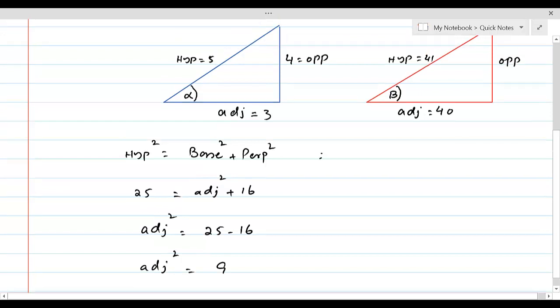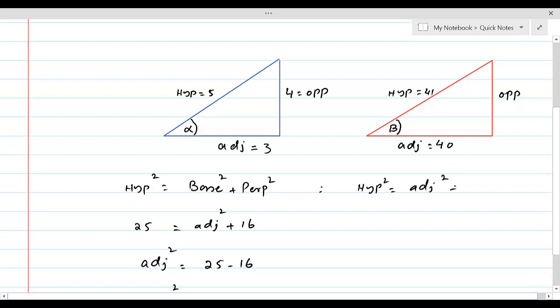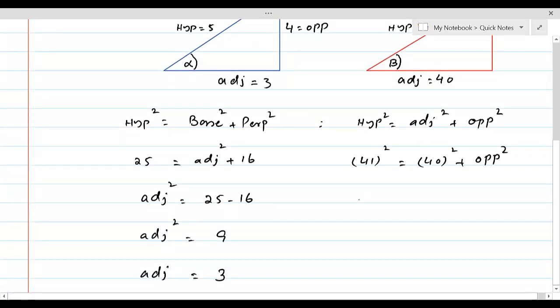Exactly the same way, we will apply Pythagoras theorem on the second triangle, which is hypotenuse square is equal to adjacent square plus opposite square. This is 41 square equal to 40 square plus opposite square. So from here, opposite square is equal to 41 square minus 40 square.